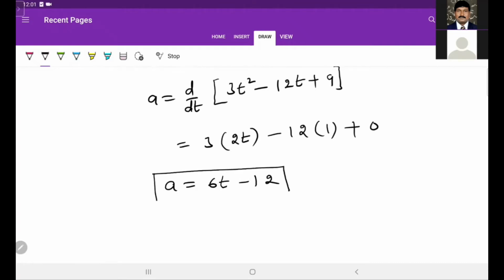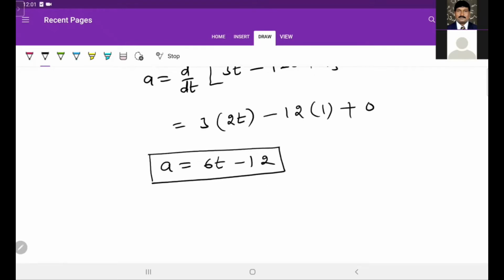See, we got one more equation. If you look at this equation, acceleration is not constant. So the particle has non-uniform acceleration.